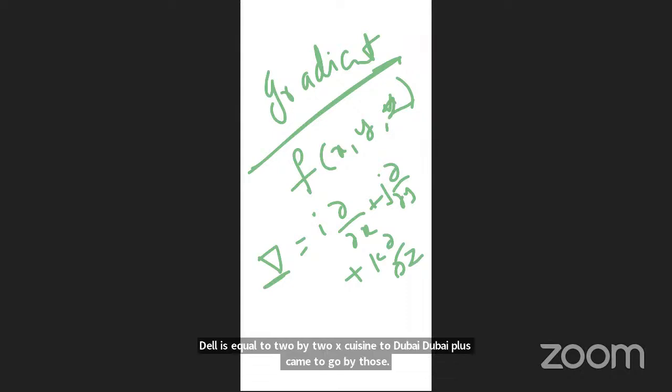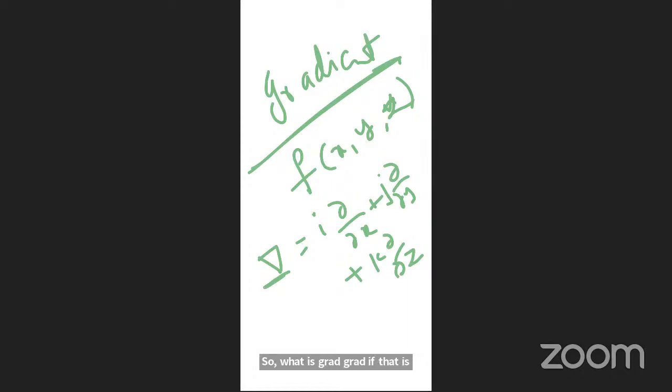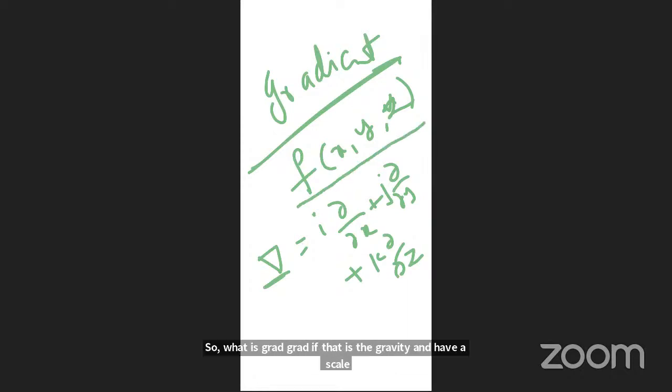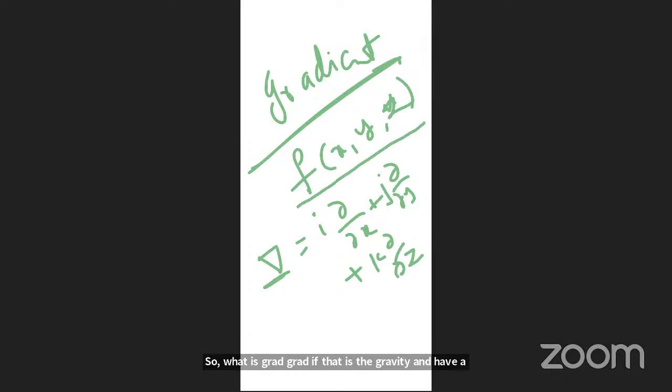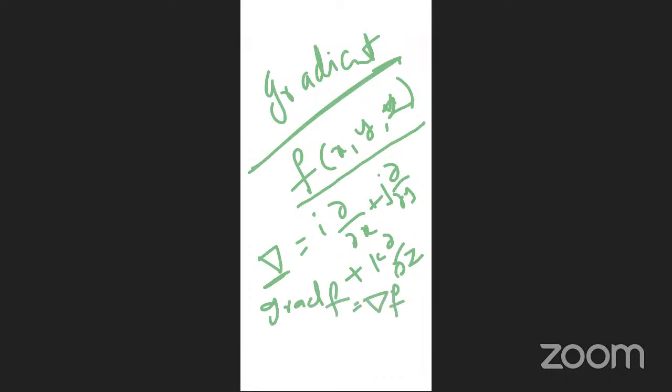So what is grad f? Grad f, that is the gradient of a scalar valued function f of x comma y comma z in the vector field. Grad f means del f. Del f means dou f by dou x plus dou f by dou y plus dou f by dou z.